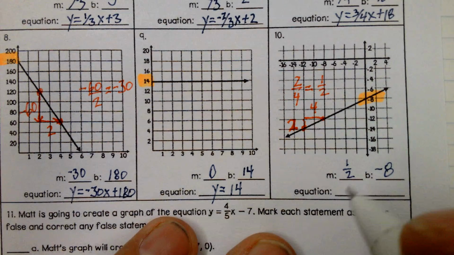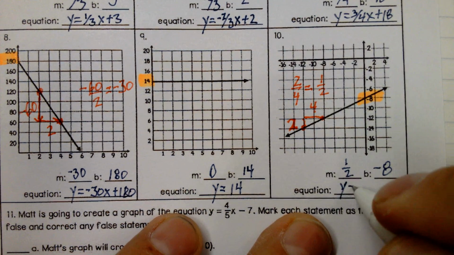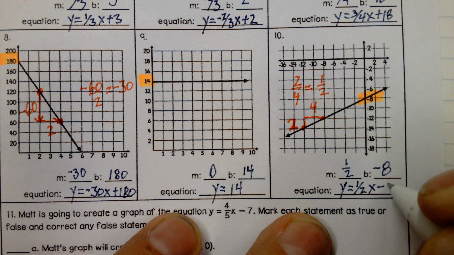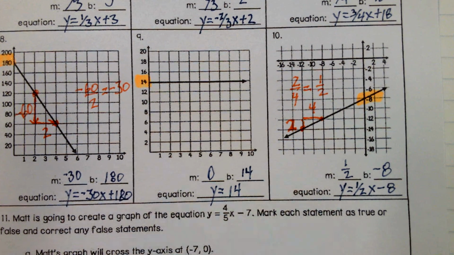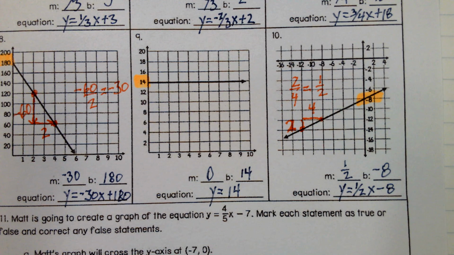So the equation is y equals 1/2 x minus 8. Remember, get in the habit of not doing plus negative, just write it as minus 8. Okay.